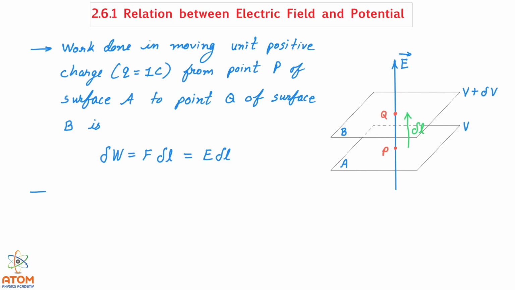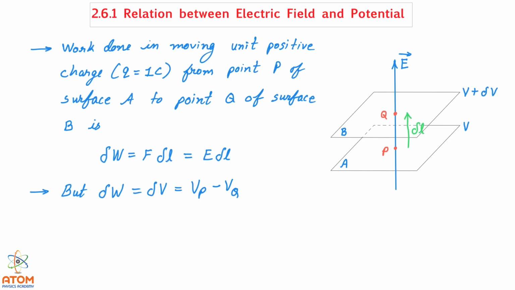Now this work is also equal to the change of potential between these two surfaces. So I can write del W is equal to del V. Now del V means it is Vp minus Vq. We are talking about these two points. So the potential of P is Vp and the potential of Q is Vq.